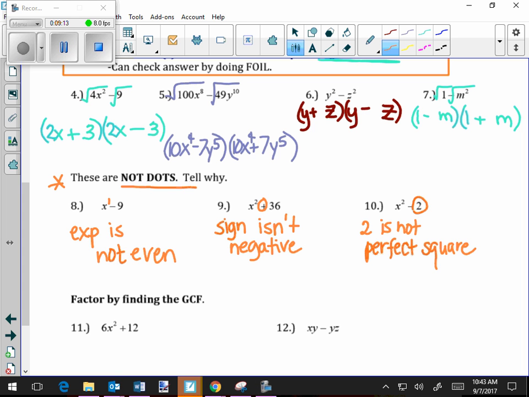In the next section of the notes, they give you a chance to practice a couple of GCF and a couple of DOTS problems. I'm going to ask you to please pause the video now so that you have time to work on the next 2 sections of questions.